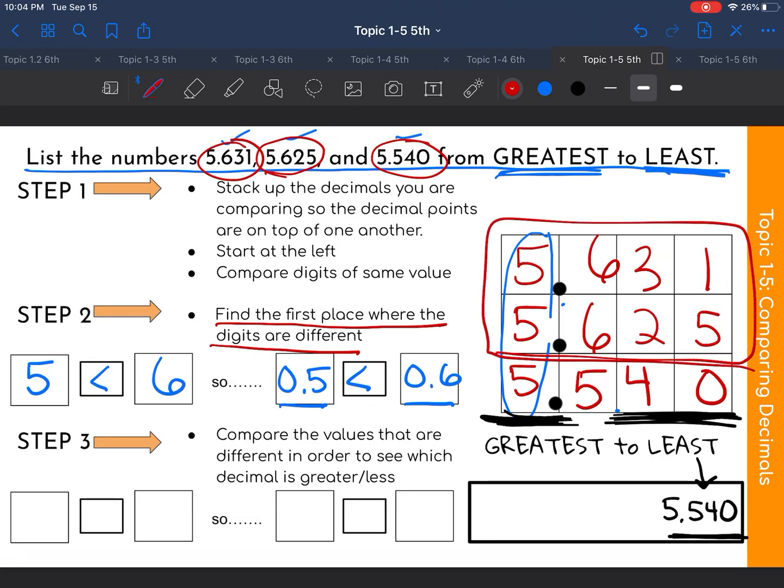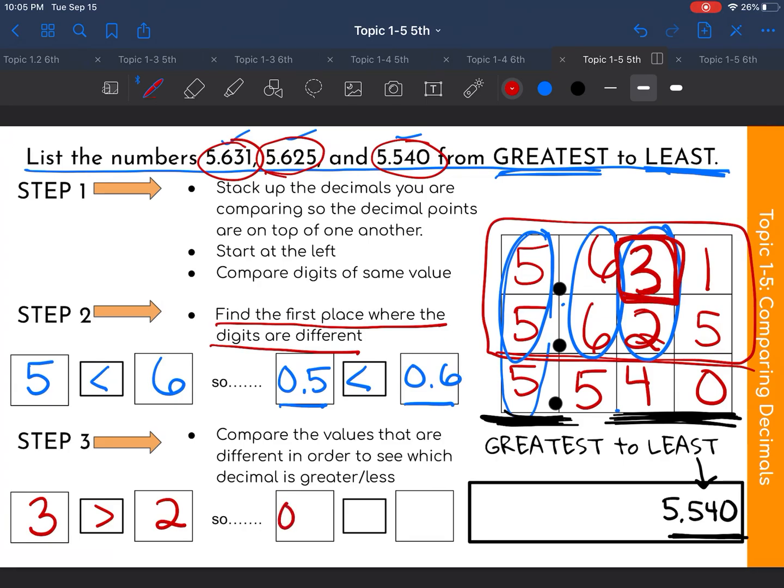So now we're just comparing these two decimals. So these are the same. These 6s are both 6 tenths. Now we have the last one in the hundredths. We have 3 hundredths and we have 2 hundredths. Well, again, if we're talking about whole numbers, wouldn't you agree that 3 is greater than 2?